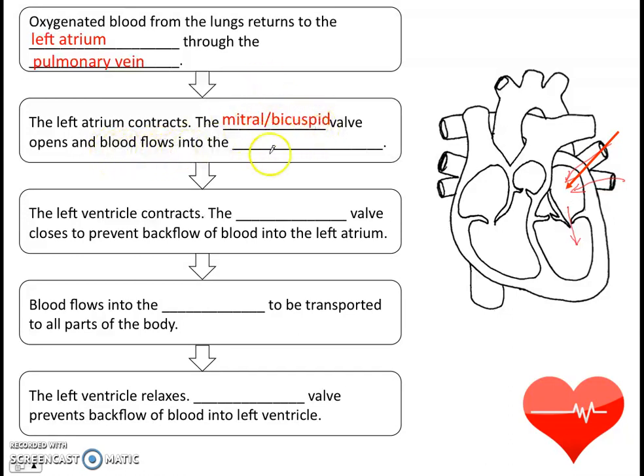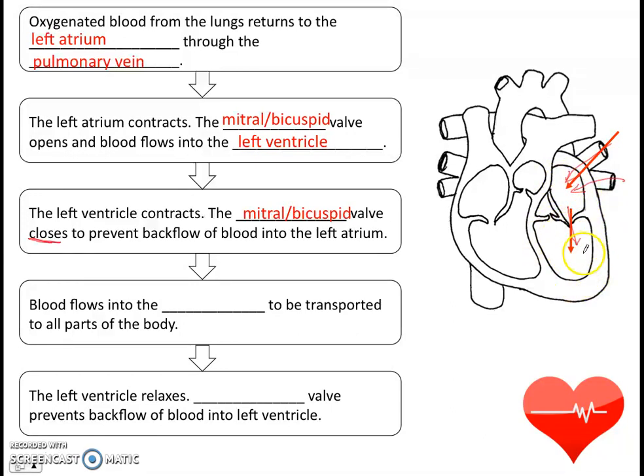It will open up and blood will then flow into the left ventricle over here. Next, the left ventricle will contract and generate pressure. And to prevent backflow of blood into the left atrium, this bicuspid valve will close, to prevent backflow of blood from the left ventricle to the left atrium.